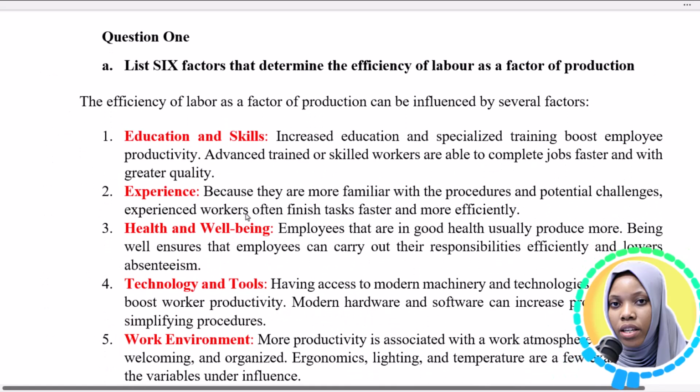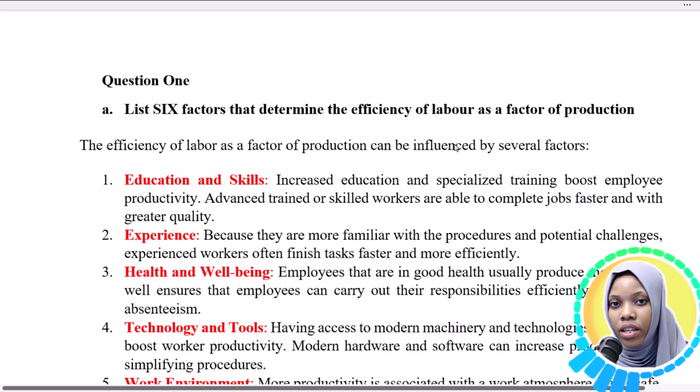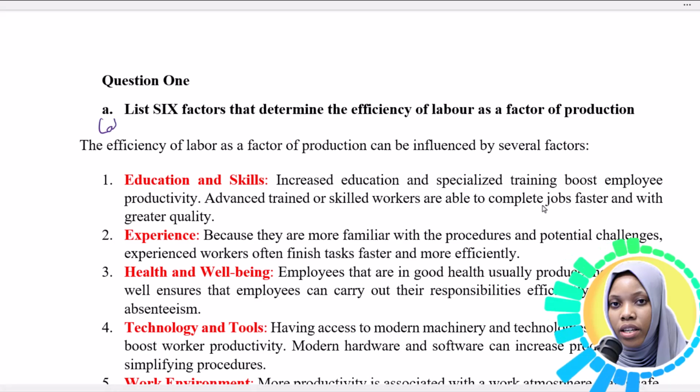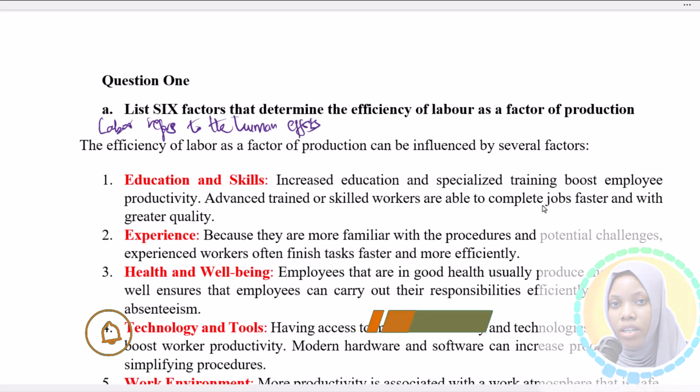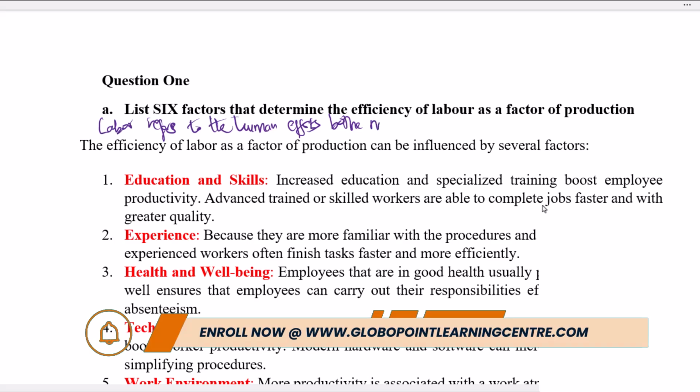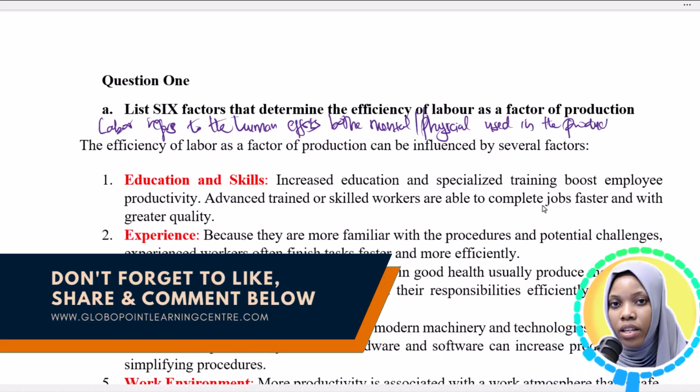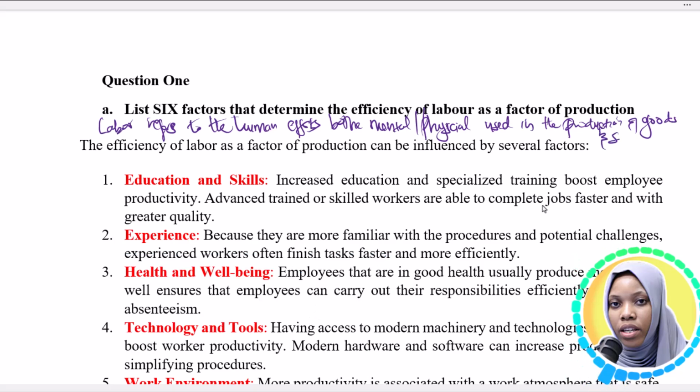So here are the factors that determine the efficiency of labor. And what is labor? Labor refers to the human efforts, both mental or physical, used in the production of goods and services.